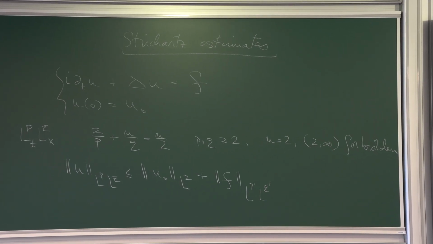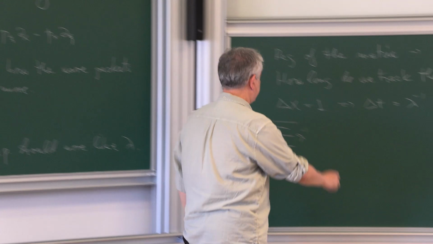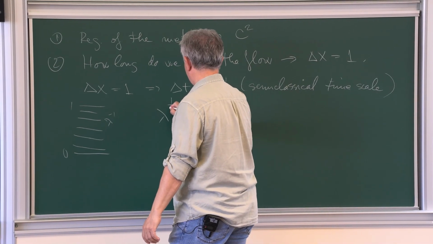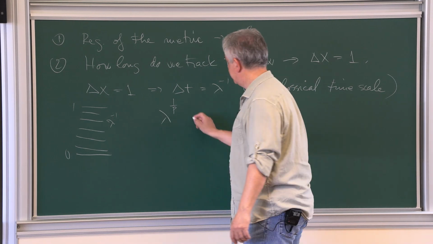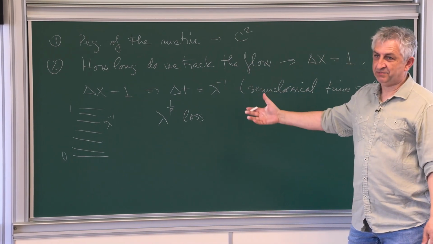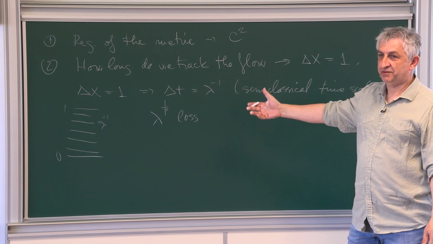So you add L^p norms over a number of slices, and you get a loss of lambda to the power 1 over p. This is our loss. So we have Strichartz estimates by this argument with a loss of derivatives.